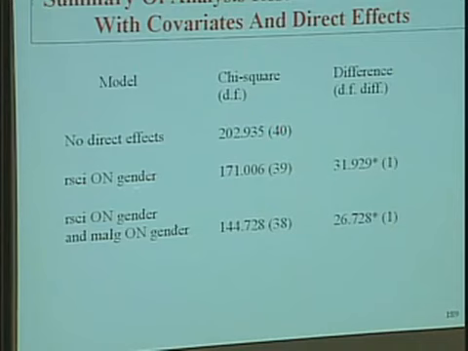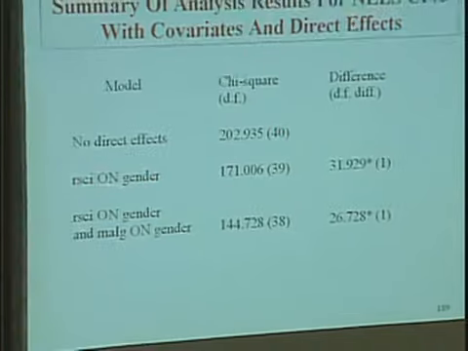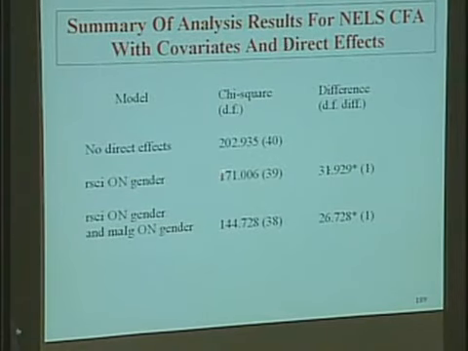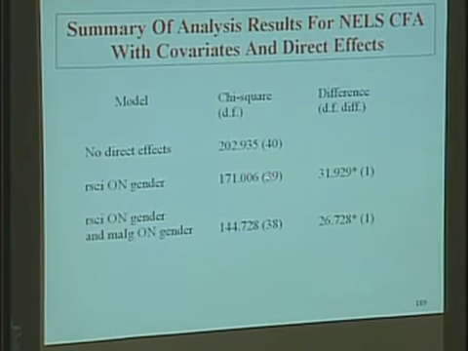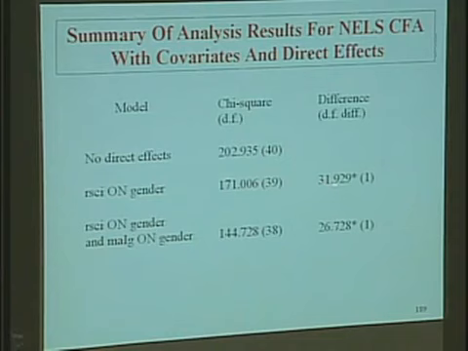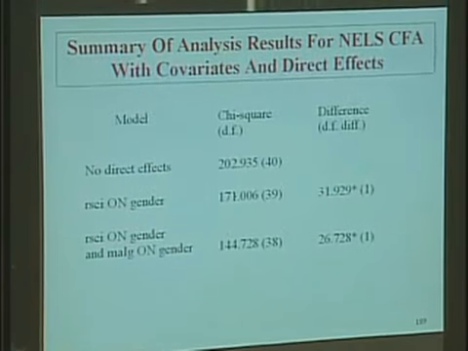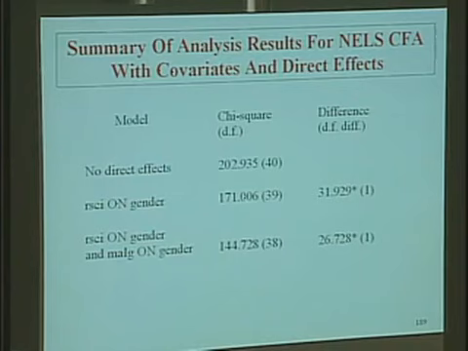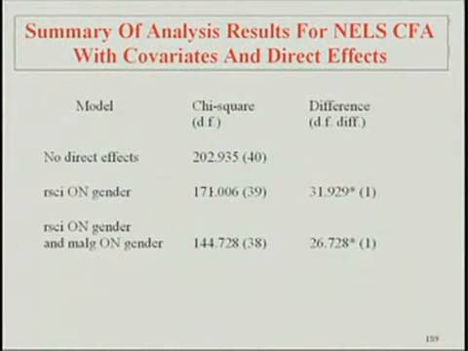When I freed the parameter reading science on gender, the direct effect, chi-squared decreased to 171.006 with 39 degrees of freedom. The difference between these two values is 31.929 with 1 degree of freedom. So what that means is that it's significant because it's bigger than 3.84, and it means that this decrease in chi-square significantly improved the fit of the model. So that means that that's also significant, and we have measurement non-invariance for reading science.